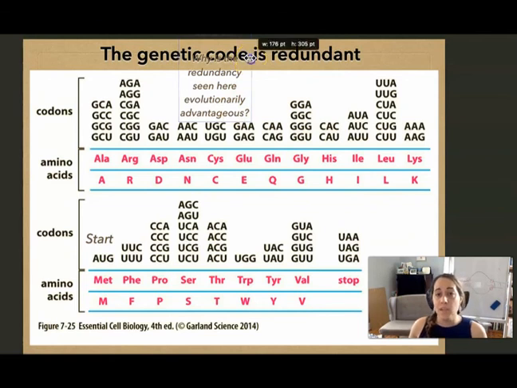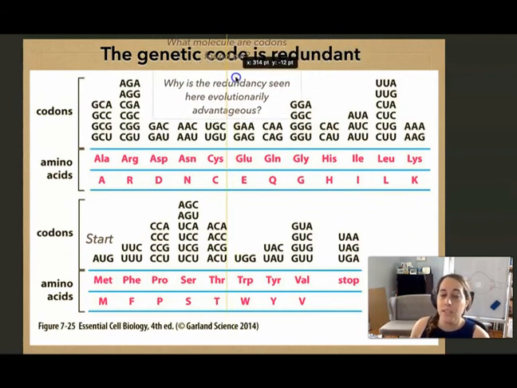And so this helps to prevent any effect of a mutation on the protein. And in addition, we've talked previously about another way that the protein might not be affected by a mutation, which is that you might have a similar amino acid being coded for due to a mutation. And if the amino acid is similar in size and chemistry in its R group, then that might also not affect the function and structure of a protein.